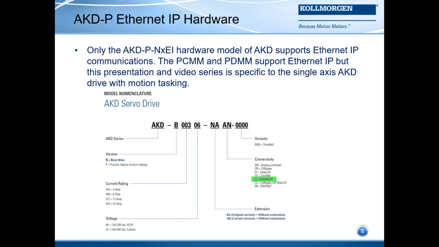The PCMM and PDMM support Ethernet IP, but this presentation and video series is specific to the single axis AKD drive with motion tasking. Note in the nomenclature below for connectivity, the EI is the only version of the AKD P that supports Ethernet IP communications.